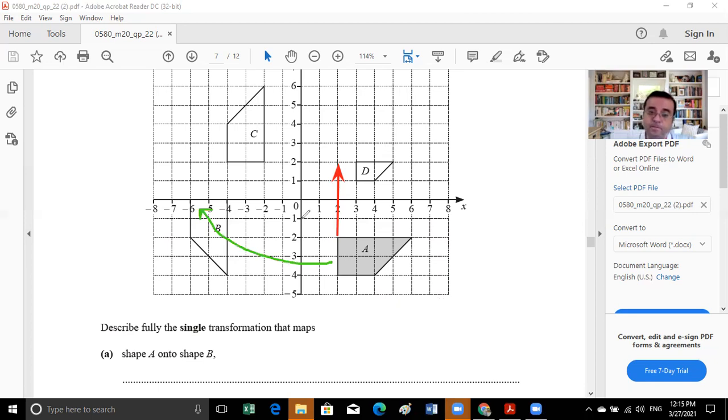Imagine this line attached to this shape. What happens to this line? Does it become here or here? Right or left? Right. Are you agreed? Good. We are okay so far.